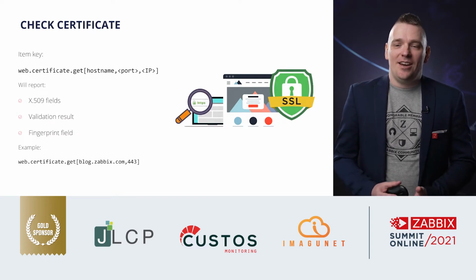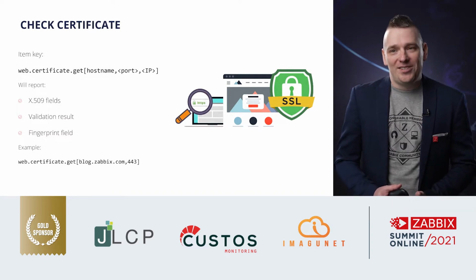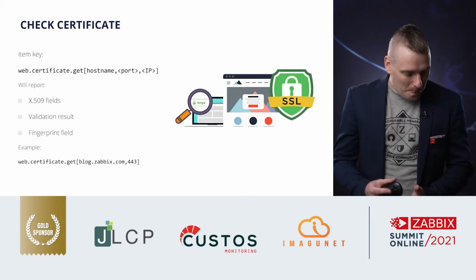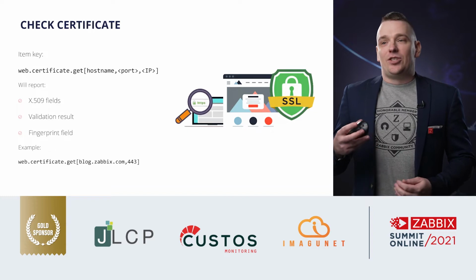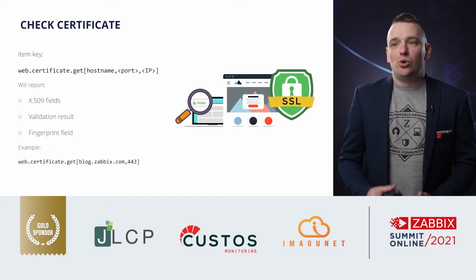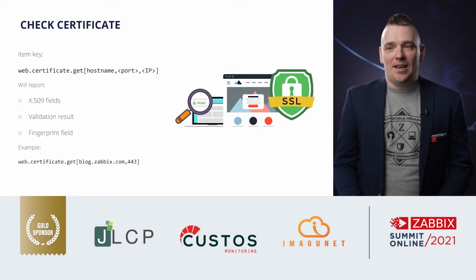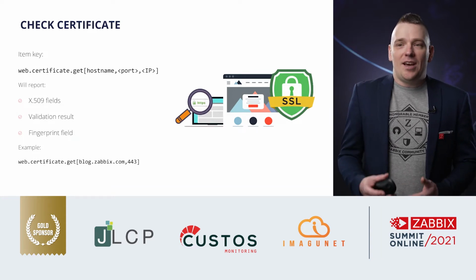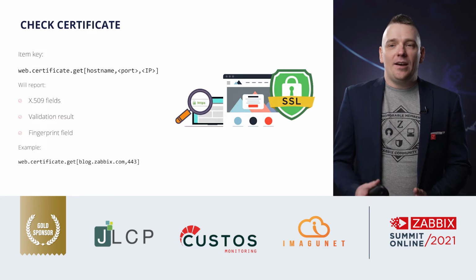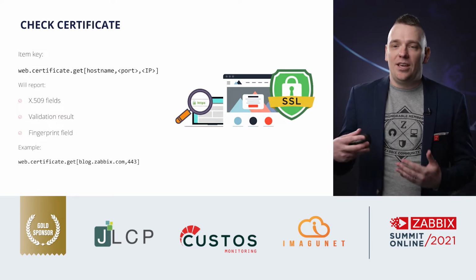Website check. This was requested for quite a long time, to have an out-of-the-box solution to monitor the certificate, like when it will expire. This item key will bring us context, like what the issuer is.